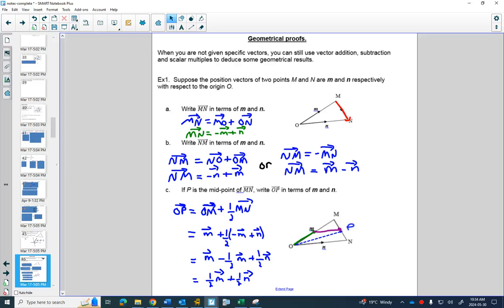If those are the only pathways you're allowed to travel, go halfway along M, and then change directions and go halfway along N, and you'll get to point P.